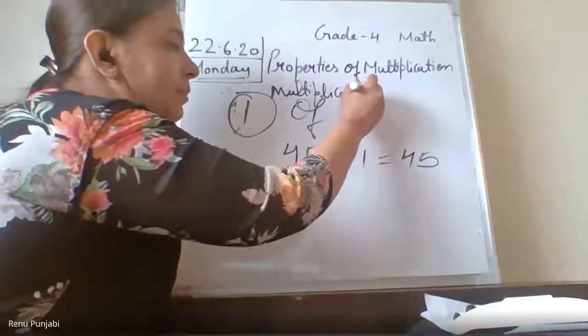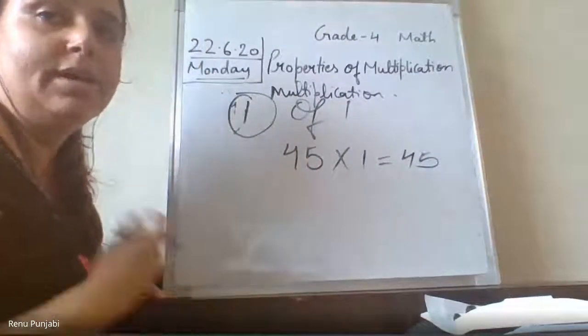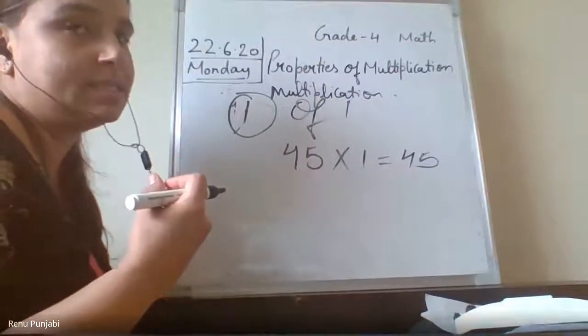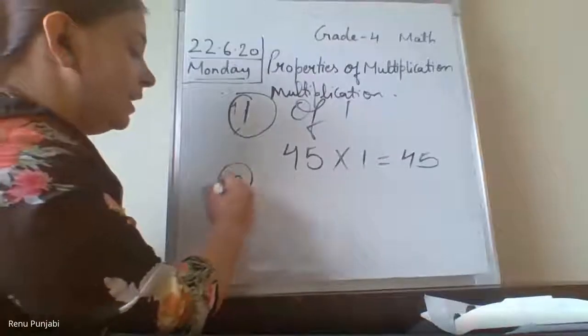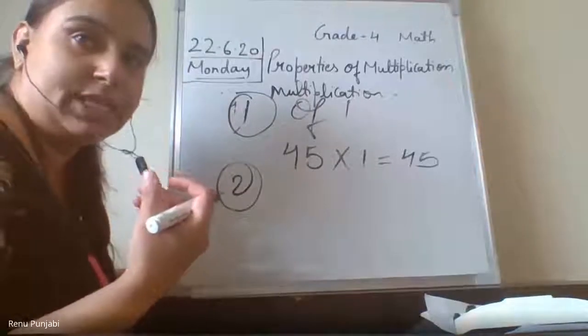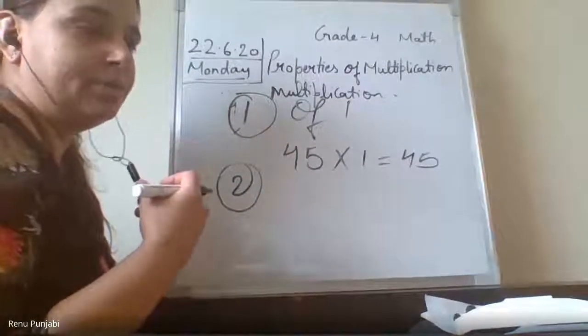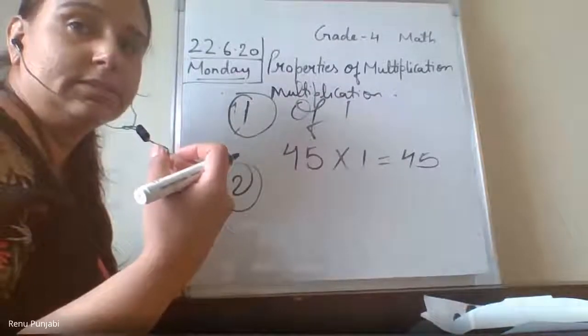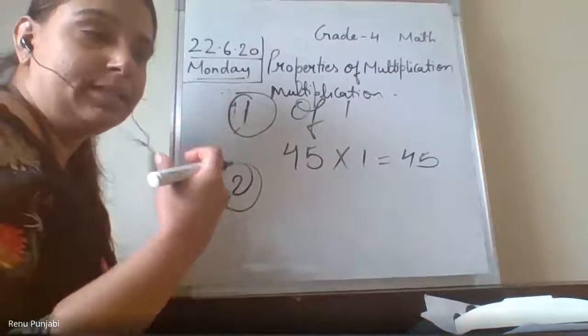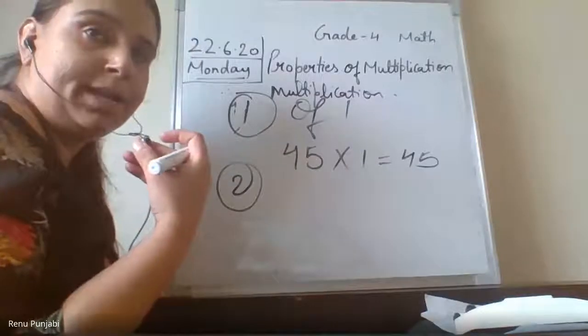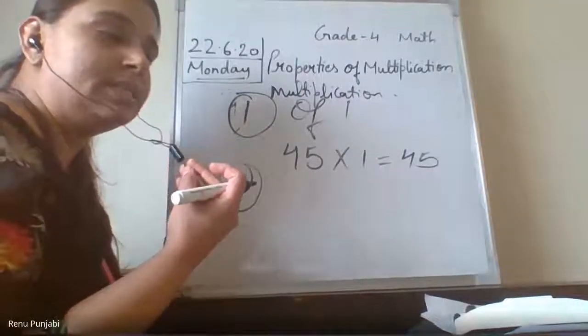Second property, the zero property: if any number is multiplied by 0, it gives you the answer 0. For example, 45 multiplied by 0 is 0.